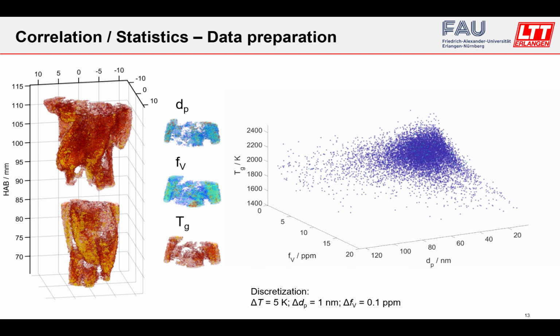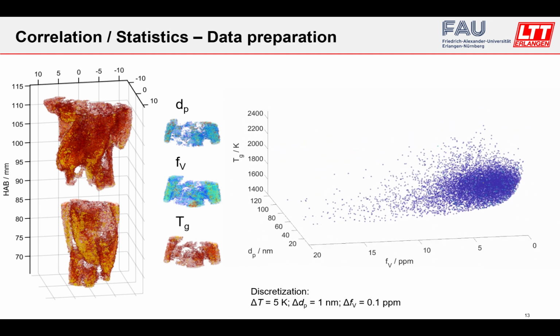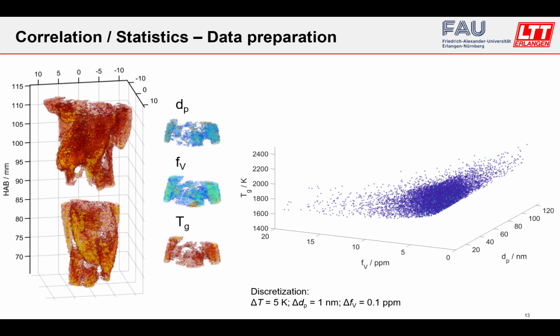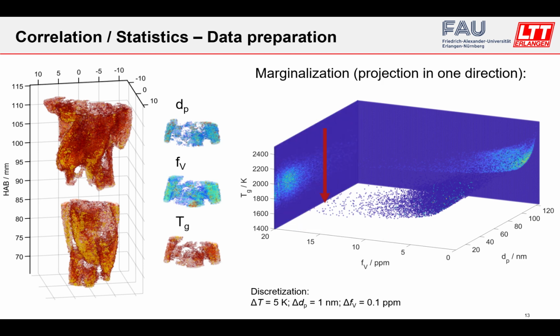So you get such a point cloud, and if you perform a marginalization on those data, which is just a projection in one direction, you can already see some correlations between two quantities, and we can do this in every direction. This is how it looks.